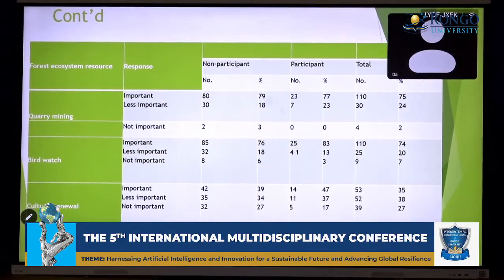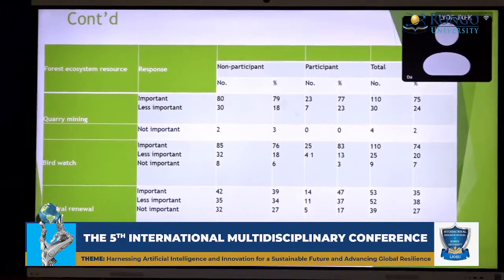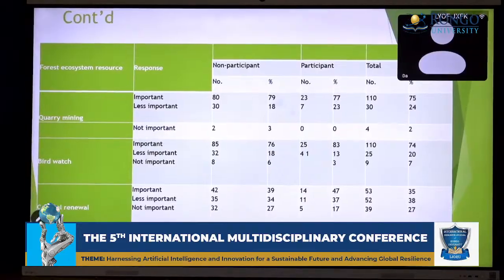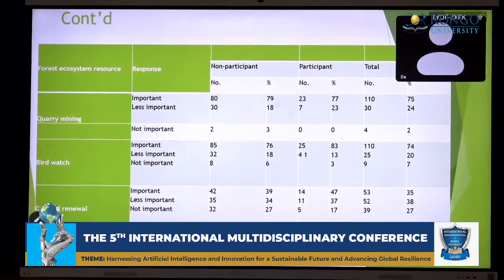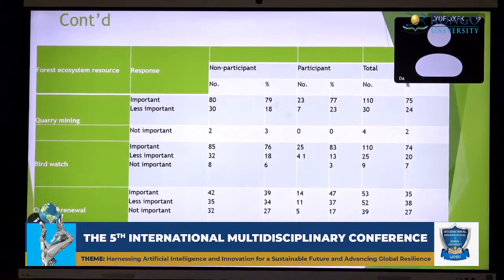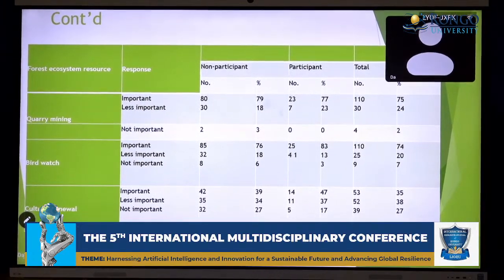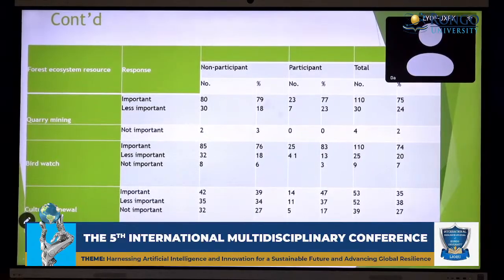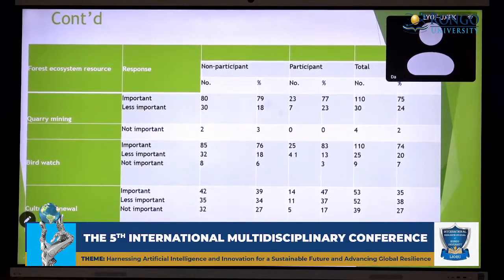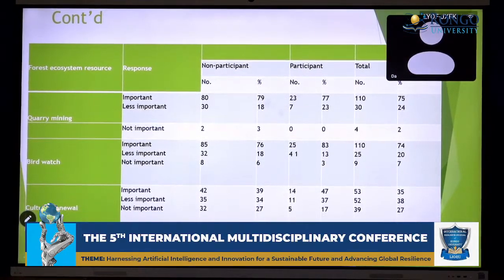This continued to quarry mining, birdwatch, and another unique part. Another unique resource which these forests offer is also the cultural renewal attributes. You have heard of the Gor Mahia legendary, which also come from or neighboring this forest.